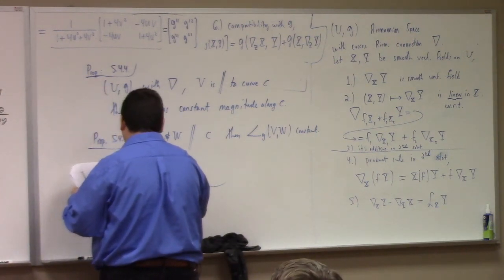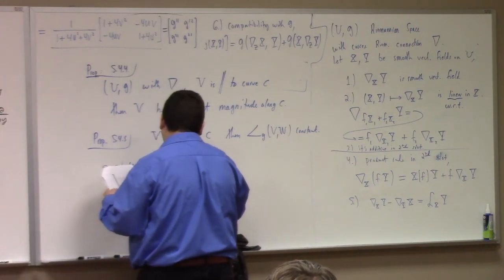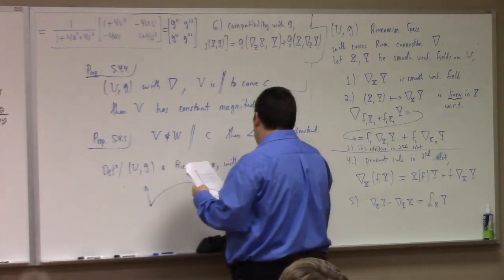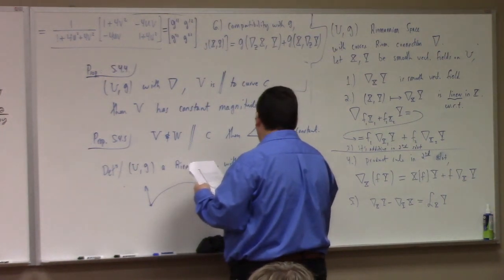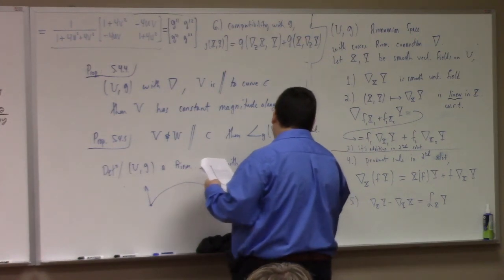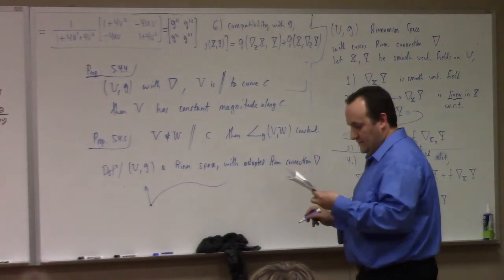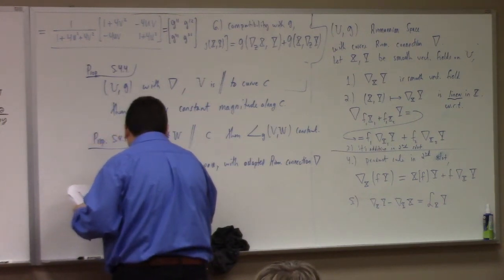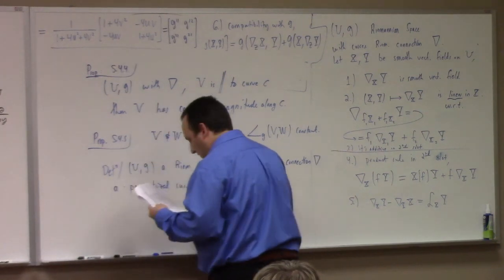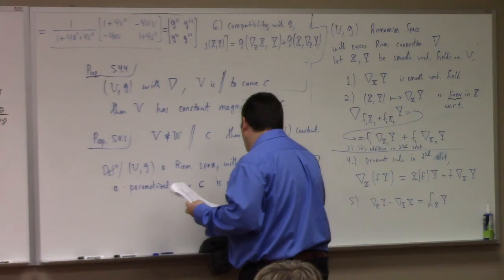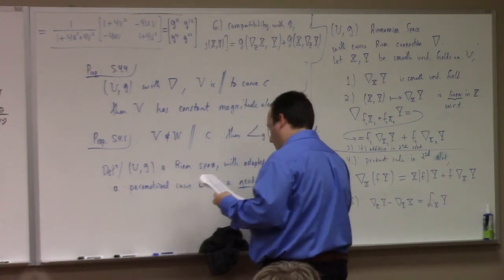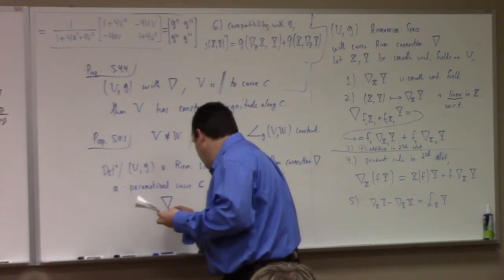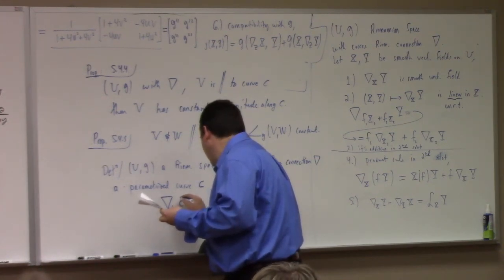If we have a Riemannian space (U, G) with the adapted Riemannian connection, as he calls it, in other words, it's nabla as we've built it, then a parametrized curve C is a geodesic if the covariant derivative along the tangent field with respect to the tangent field is 0.